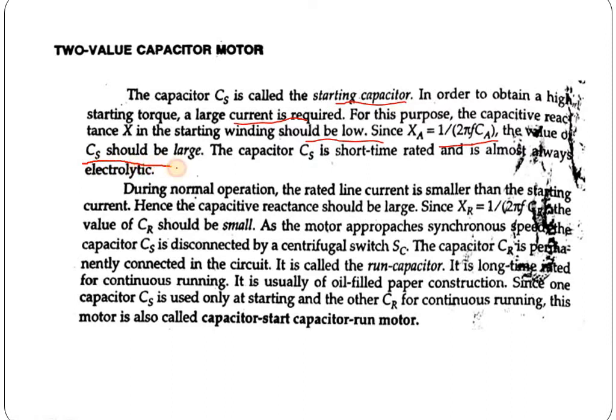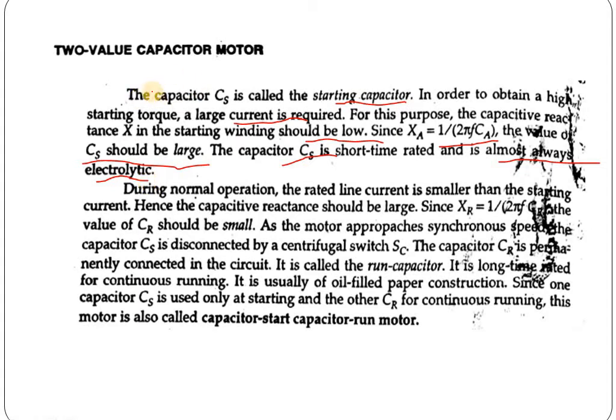That means the starting capacitor value will be very large. The capacitor CS is short time rated and almost always electrolytic type. Because this capacitor is used only for starting, its capacitance should be high so that the value of Xc is low.